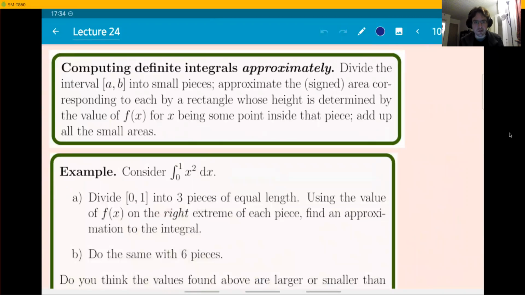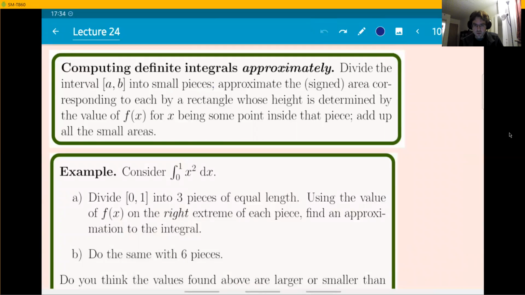But okay, now let's actually start talking about how to compute definite integrals. Computation of areas. The main idea is defined in this first box here. What we're going to do is divide the interval AB into several small pieces.